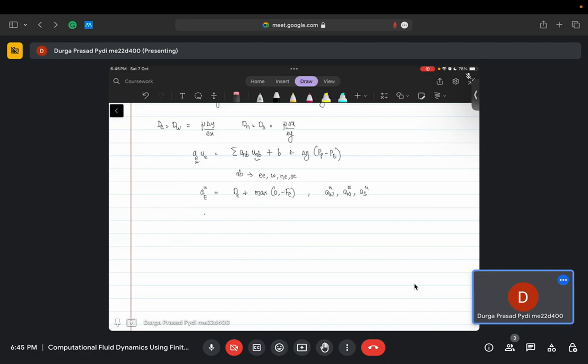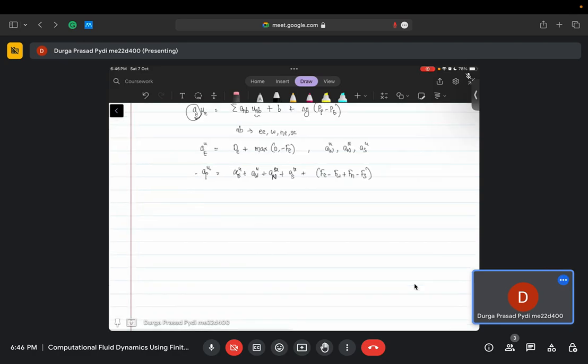And AP, I'm calling it AP^U, will essentially be A east plus A north, A south, and so on. These are straightforward. Now that you have done it for U, similarly you can do it for Y momentum also.